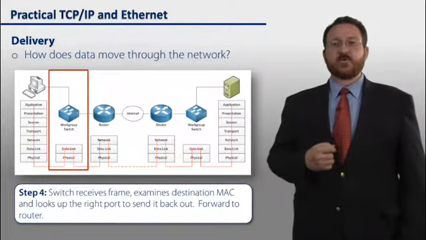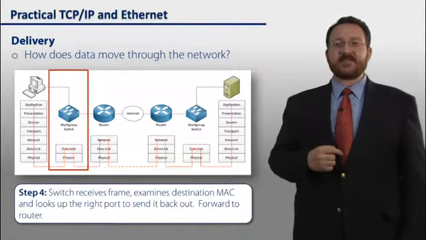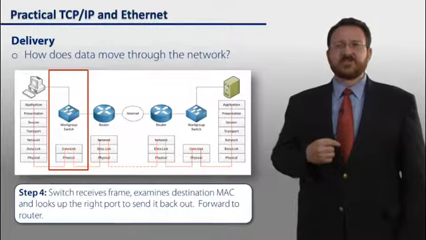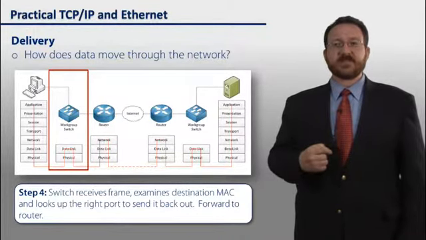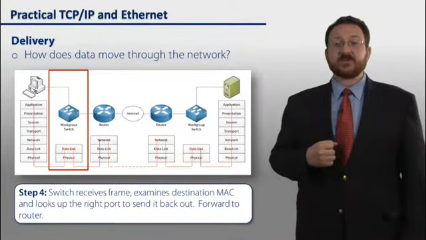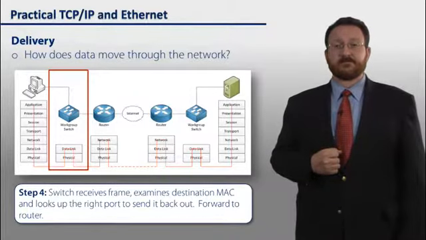The switch then receives the frame, the layer 2 frame, and it's going to examine the destination MAC address. Switches have switching tables. It knows which ports contain which hardware devices on the other end. So it's going to look up the right port to send it out, and it's going to forward it on to the router.